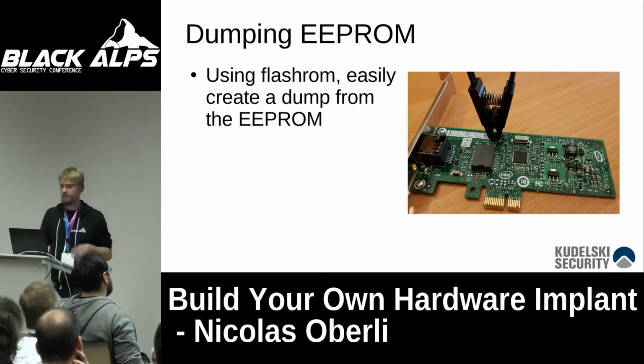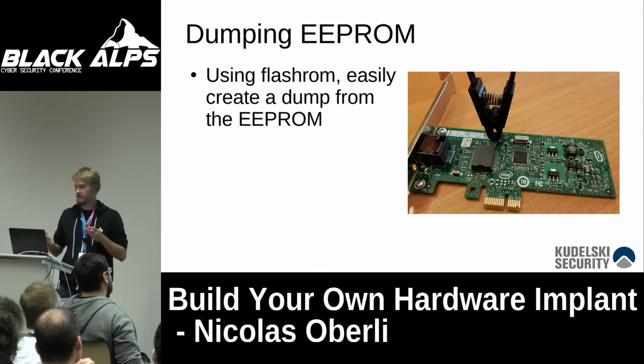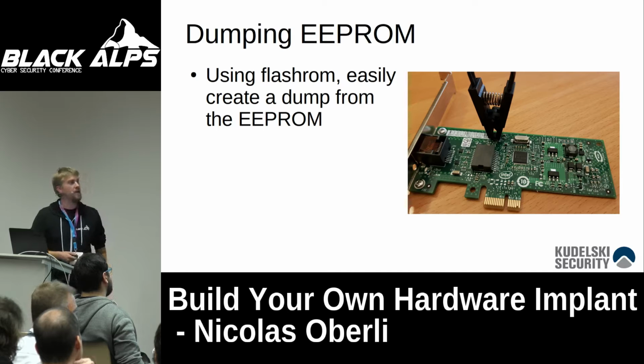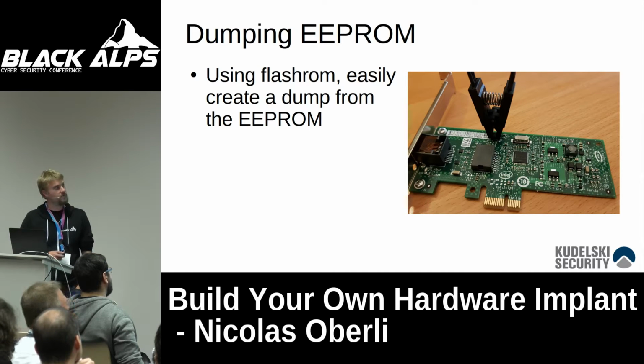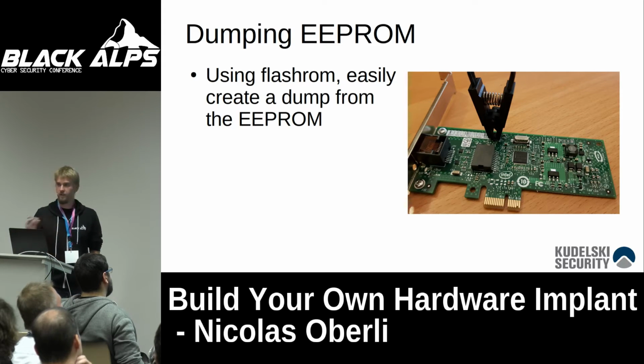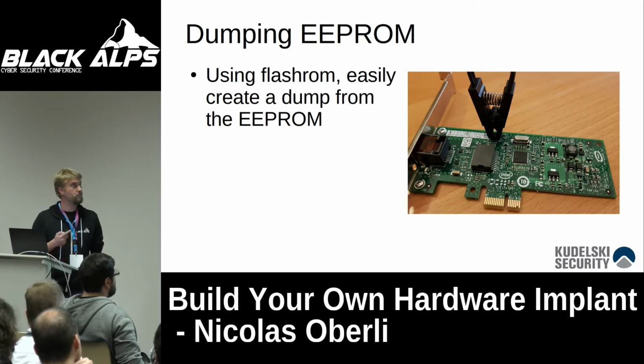An EEPROM is basically just a small memory that is available to the card, and all of the settings are stored on that specific chip. So I used a tool to read everything from that EEPROM.